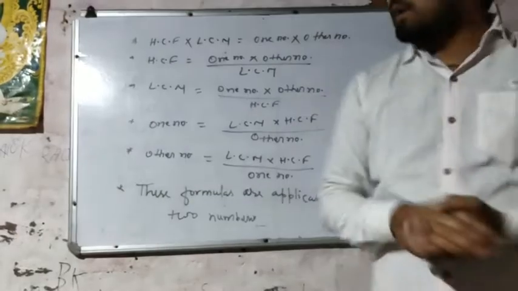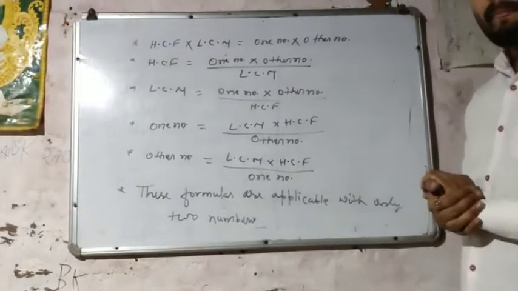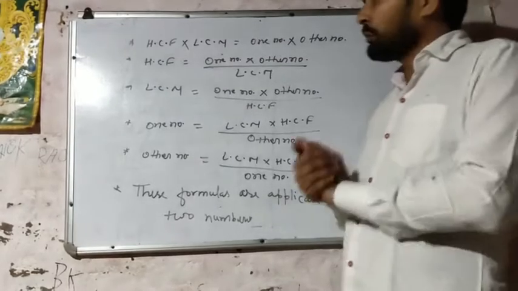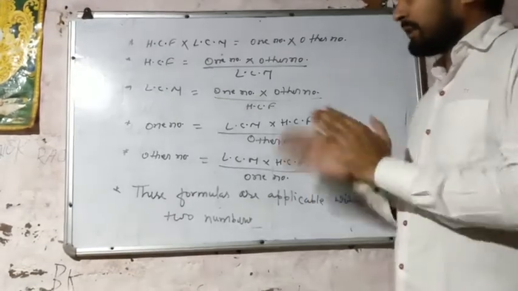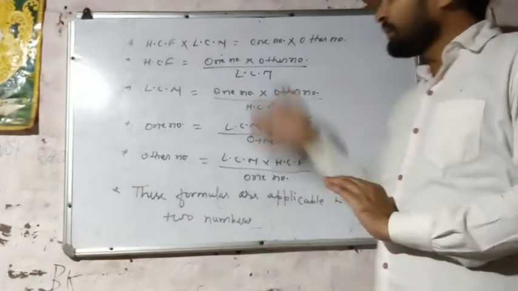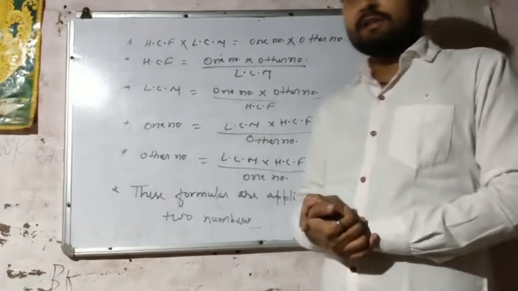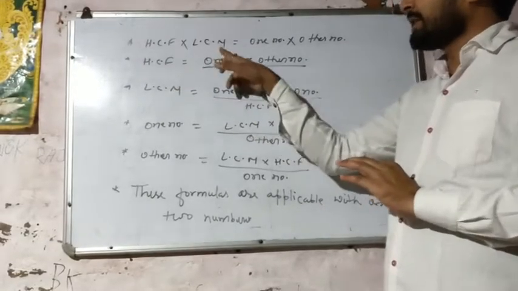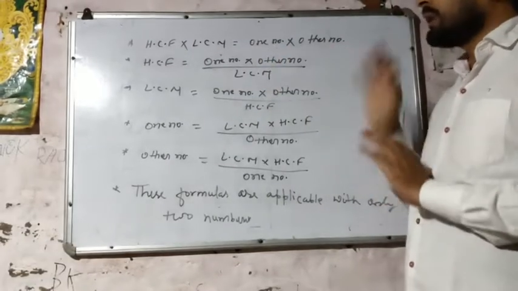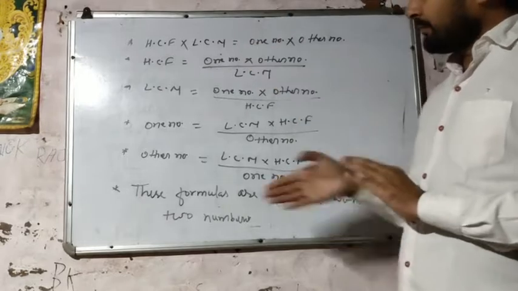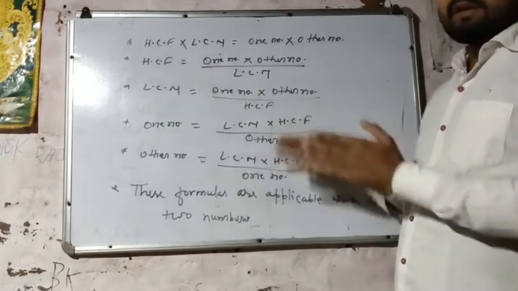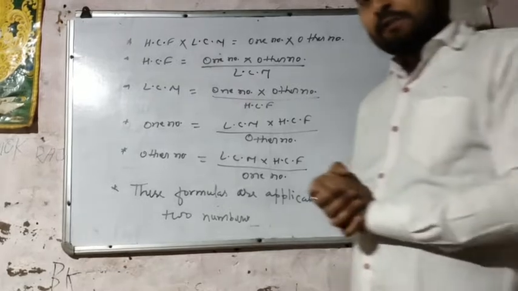We have already learned this formula, but right now in exercise 1.2 we have to use it in order to solve such problems. The formula is HCF into LCM equals one number into other number, and these other formulas are derived from this formula.